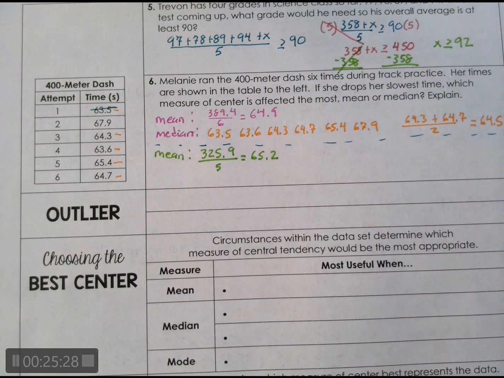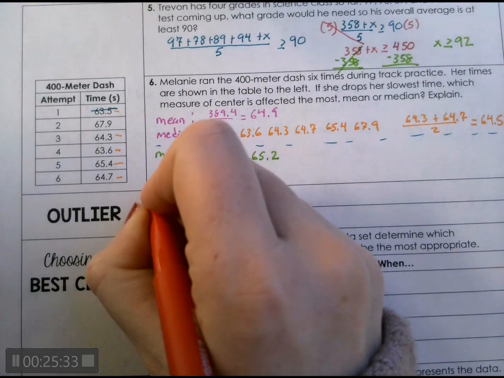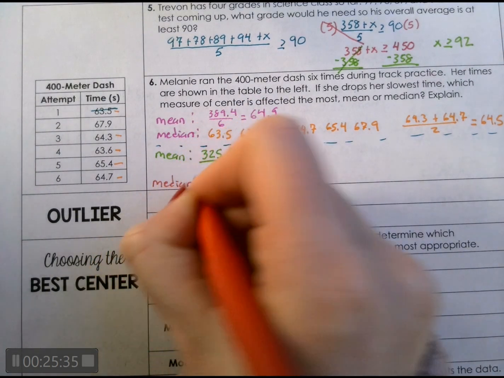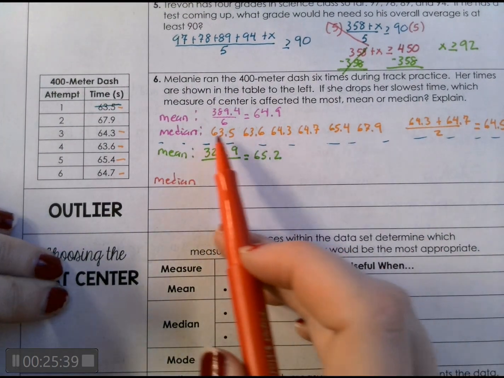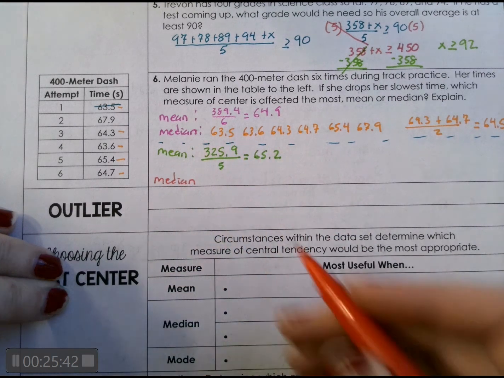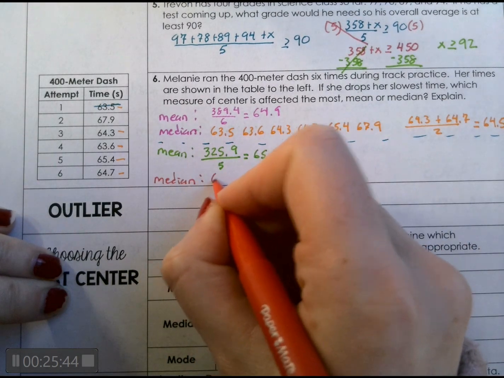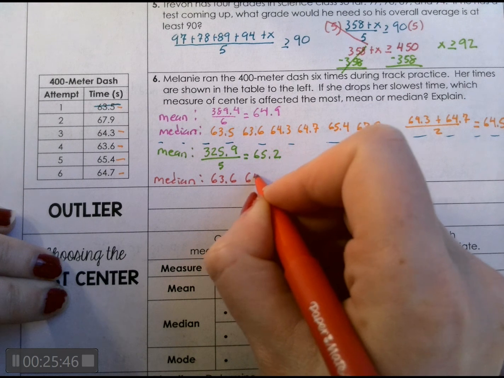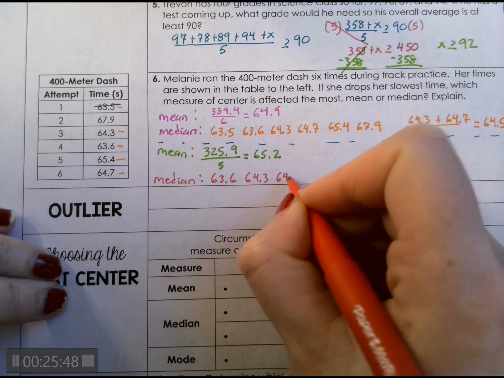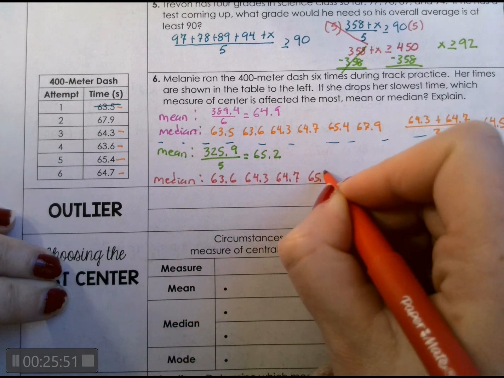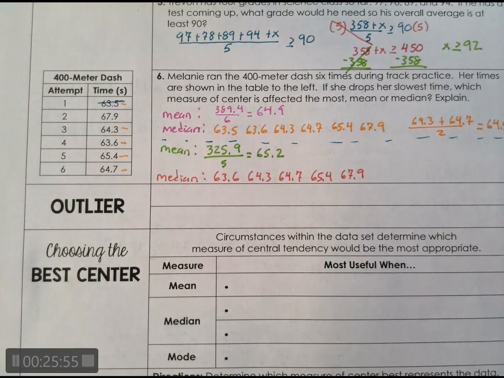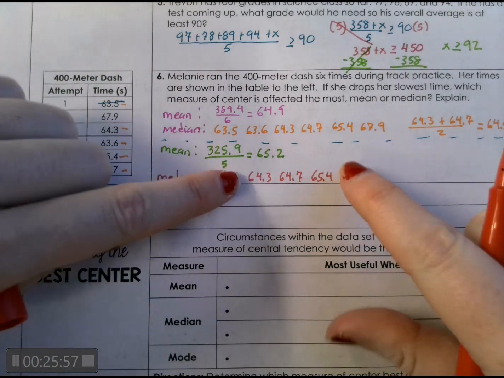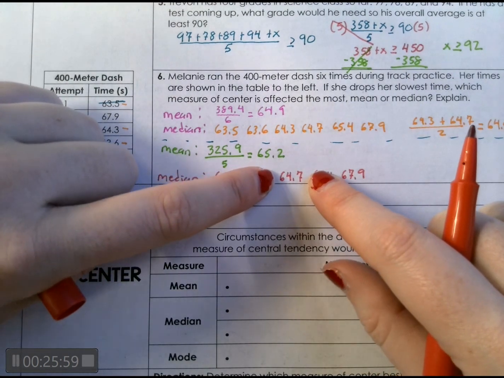And then let's find our median. So we've already put our numbers in order up here, so I'm just going to take out the very first one since that was our slowest one. Alright, and then we are going to find our median, which is going to be 64.7.